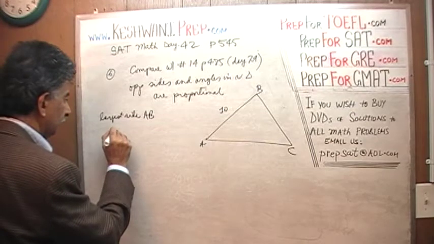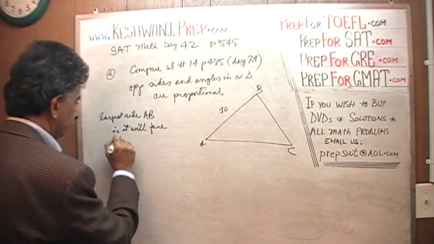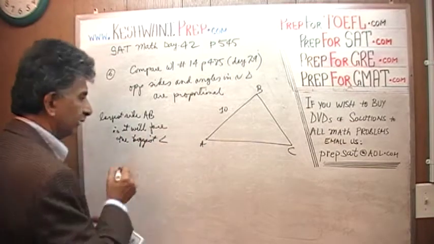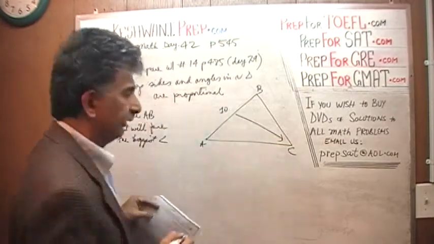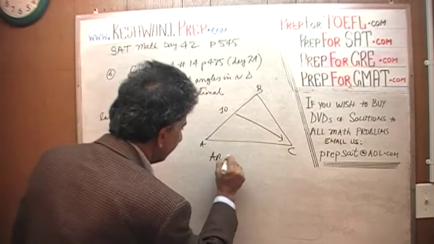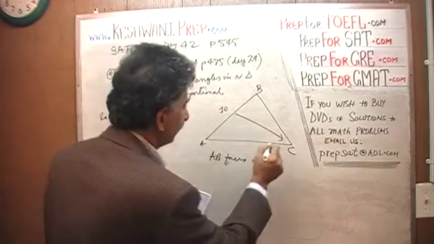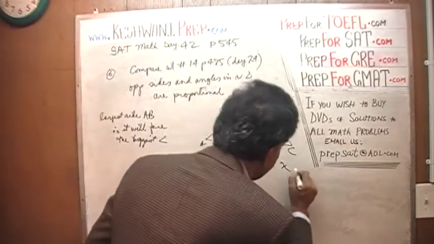Therefore, it will face the biggest angle. And the biggest angle here is this angle right here. AB faces angle X. Therefore, X is the largest.